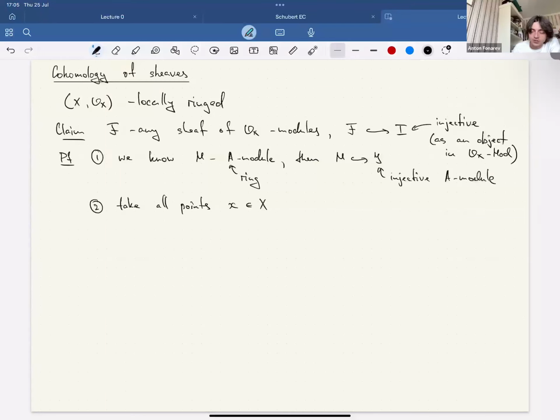You have generic points, etc. You take all points, and then to x, you have the following associated. You have the stalk, the stalk of the corresponding sheaf, local functions if you wish, and then you embed O_{X,x}, as a ring, into some I_x, where this is injective now.